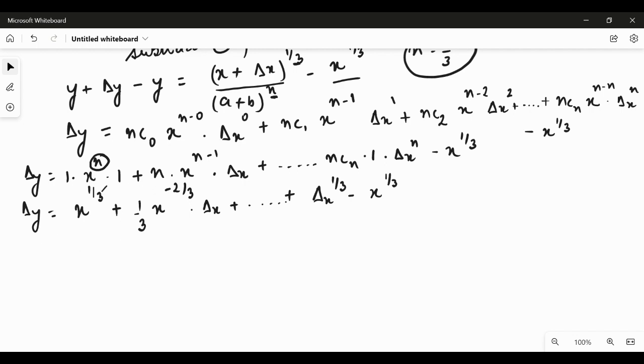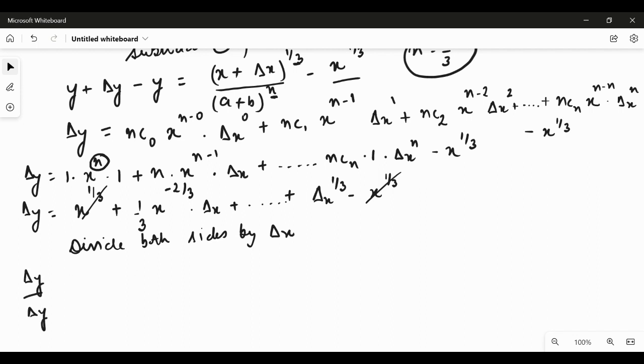Clear? So the next step is, if you see here, I will cancel this x^(1/3). Next, I will divide both sides by Δx.